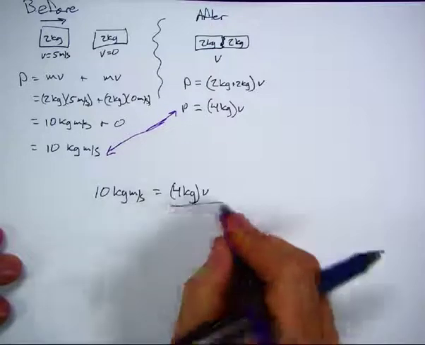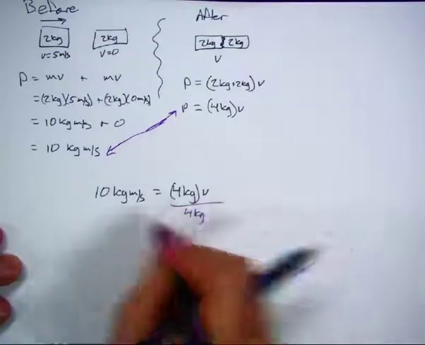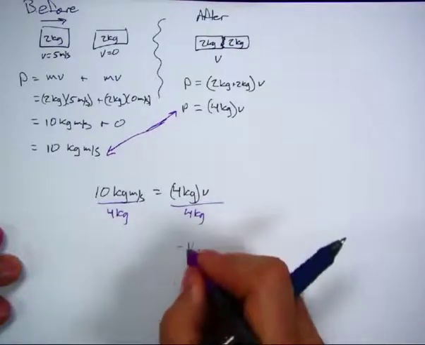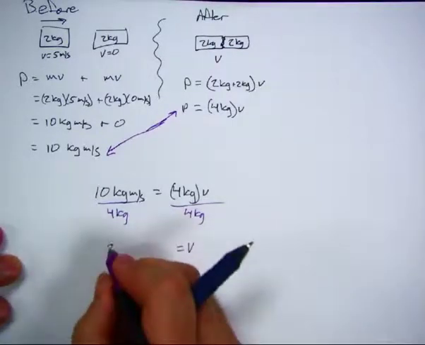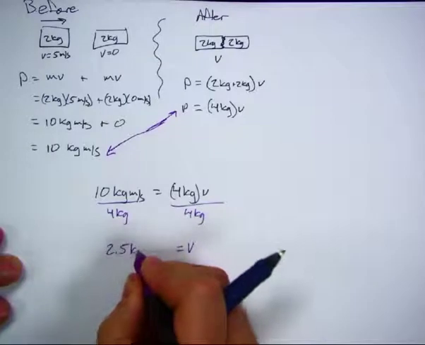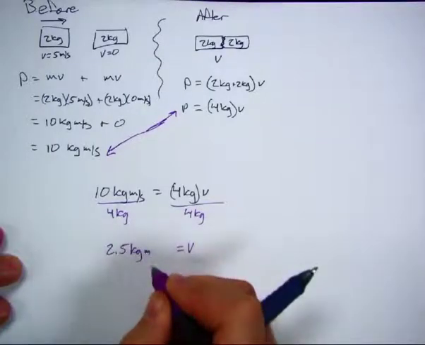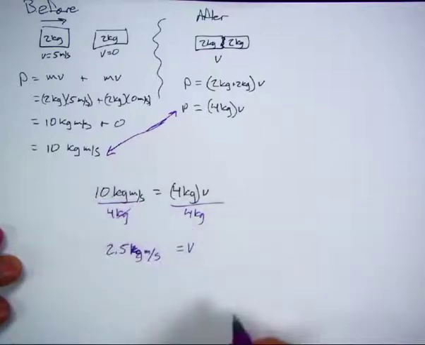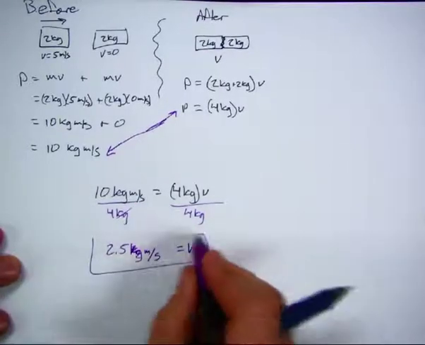And that's easy to solve for. Divide by 4 kilograms on both sides, and I end up with velocity equal to 2.5 meters per second. My kilograms canceled out here. So 2.5 meters per second.